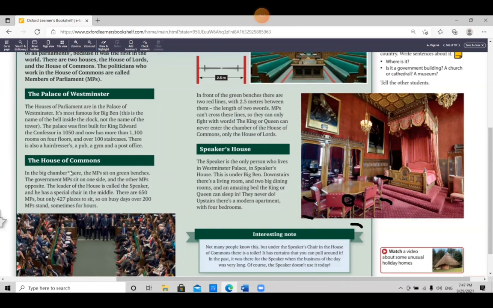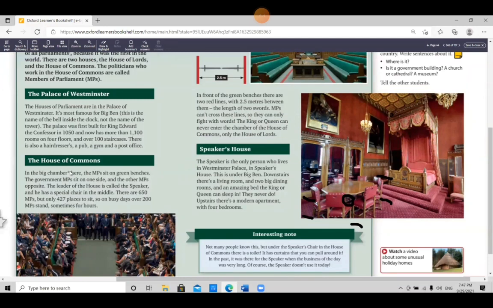In the middle there are 615 MPs and only 427 places to sit. So on busy days over 200 MPs stand for hours.